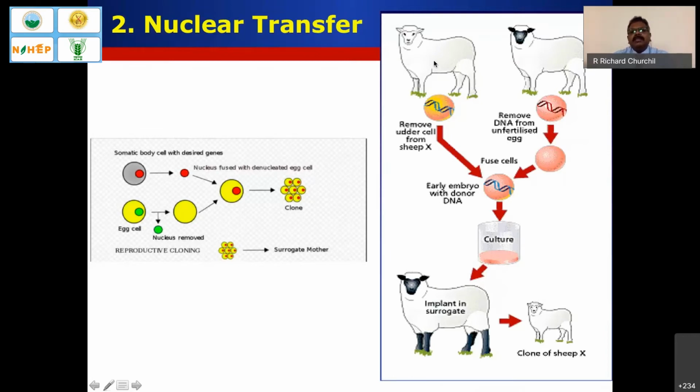This is the clone of this sheep, and it is just a replica of its parent. So it contains all the genetic material that the donor has. In normal fertilization, 50% of genes come from the mother and 50% from the father. But this individual has all the genetic material, 100%, from one donor.